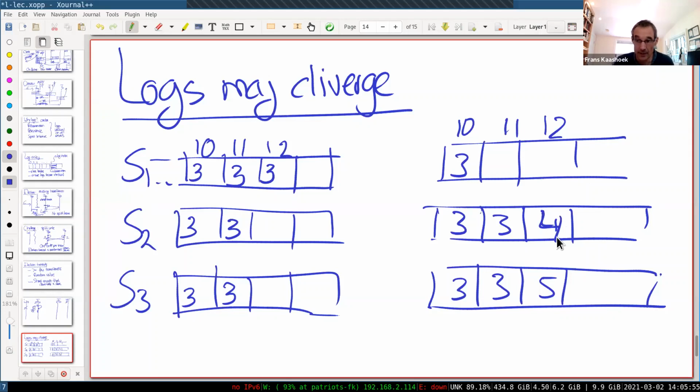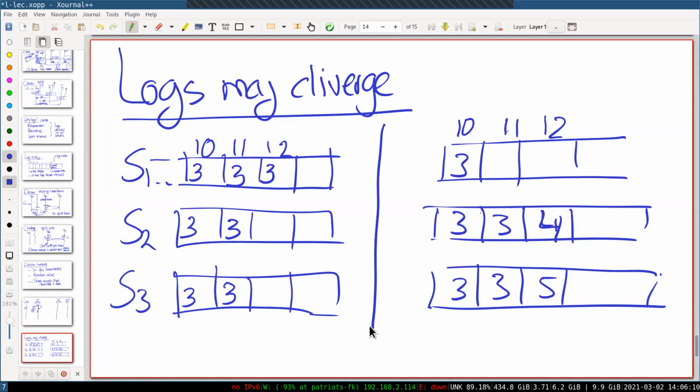Can Raft end up producing logs in this way, where in the same log index we have two different term numbers? Yeah, that's possible. So what is the scenario that produced this?